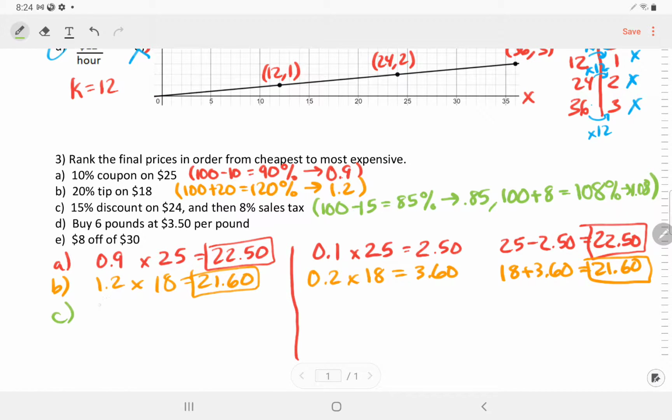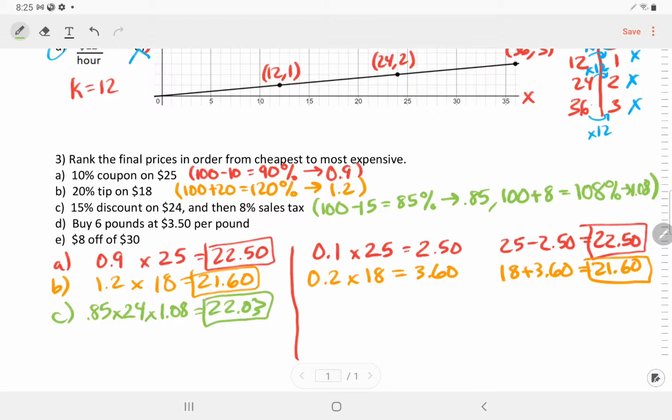So to do this problem, we would take 0.85 and multiply it by $24 because it's a discount on $24. And then we would multiply that again by 1.08 to include the sales tax. So 0.85 times 24 times 1.08 will give us $22.03.